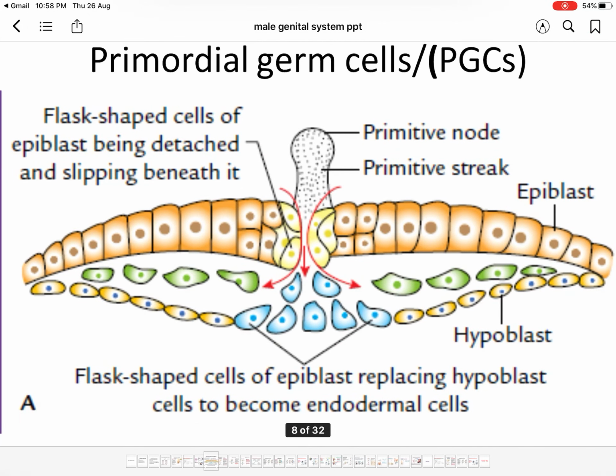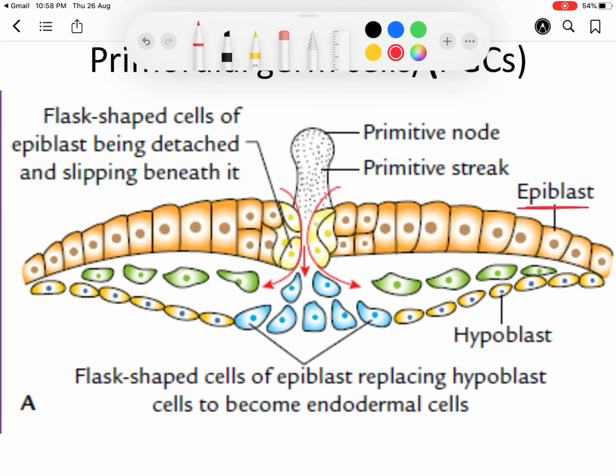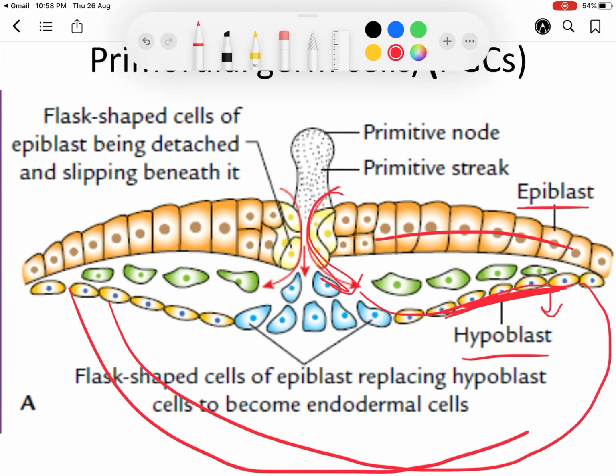First of all, about primordial germ cells, which arise from the epiblast. These are the epiblast cells, and they will move through the primitive streak and form the primordial germ cells in the region of the yolk sac. This is the hypoblast, and the epiblast cells will move and replace the hypoblast and form the future endoderm, and the endoderm will form the lining of the yolk sac cavity.